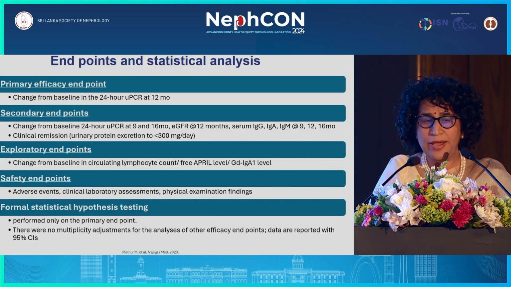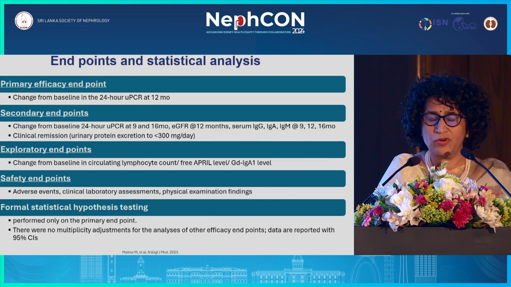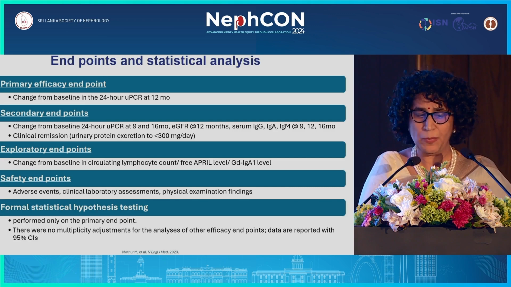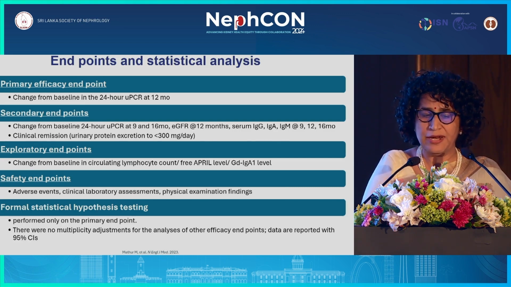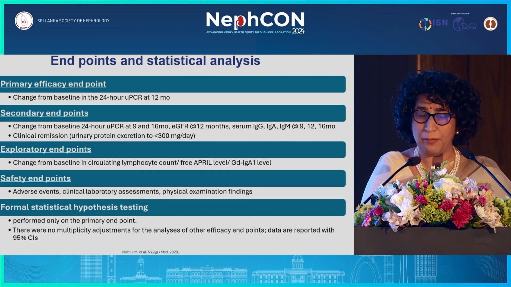And what were the endpoints? The primary efficacy endpoint was change from baseline proteinuria, the 24 hours UPCR at 12 months. The secondary endpoints were change from baseline 24 hours UPCR at 9 and 16 months, eGFR at 12 months, change in serum IgG, IgA, IgM at 9, 12, and 16 months, and also clinical remission, which was defined by urine protein excretion to less than 300 milligram per day.